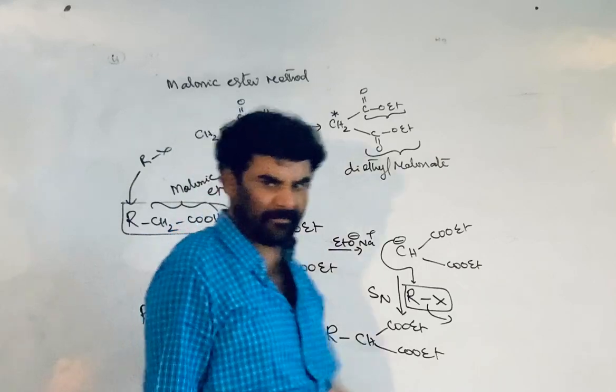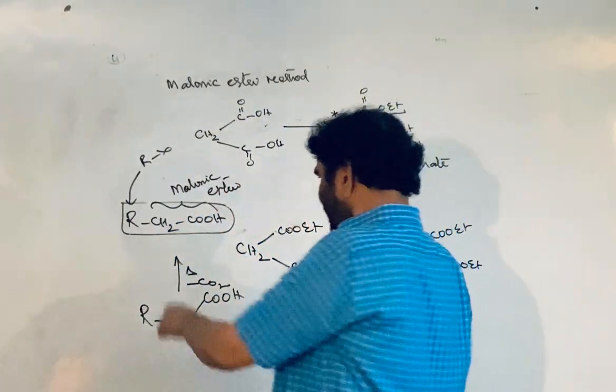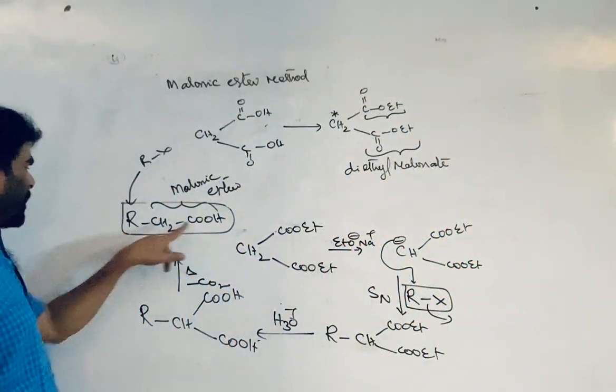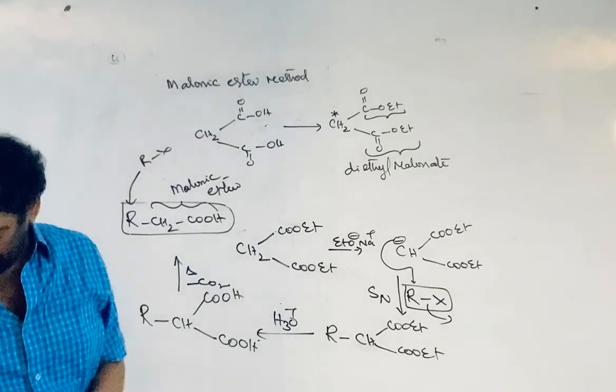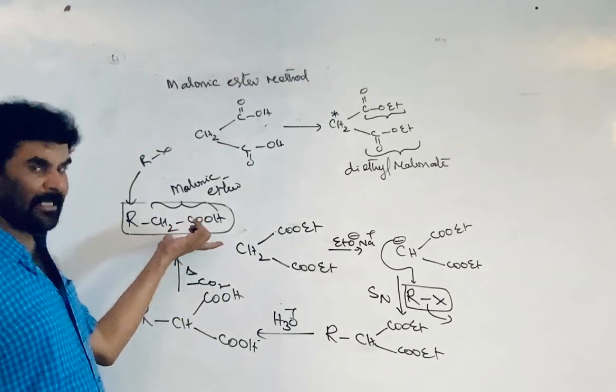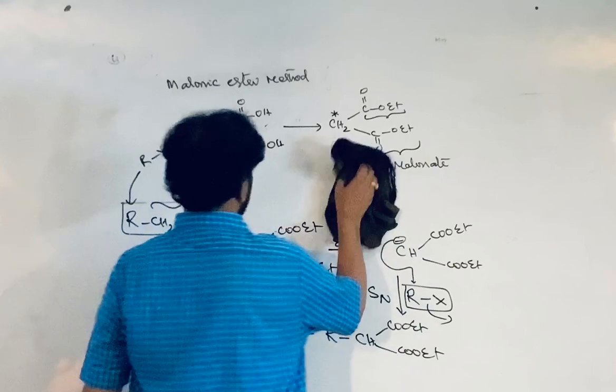Malonic ester, you can prepare anything. If this is the methyl group, it gives propanoic acid. Minimum, that is propanoic acid, and higher carboxylic acids can be prepared.